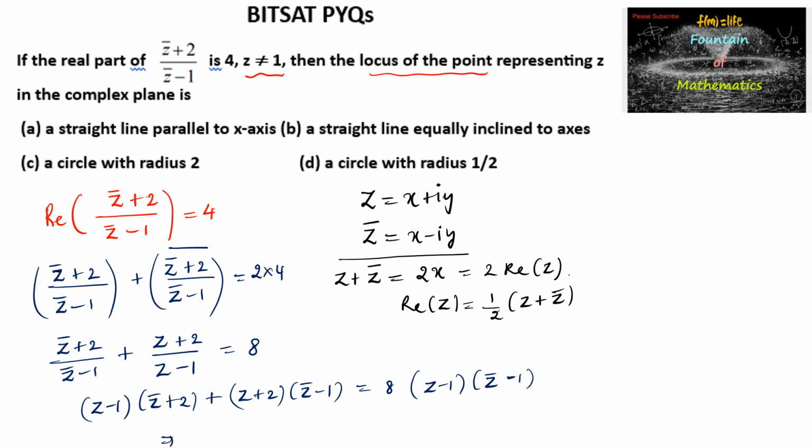Which implies here z z bar minus z bar plus 2z minus 2 plus z z bar plus 2 times z bar minus z, and again minus 2, which is equal to 8 times z z bar minus z bar, and again minus z plus 1.